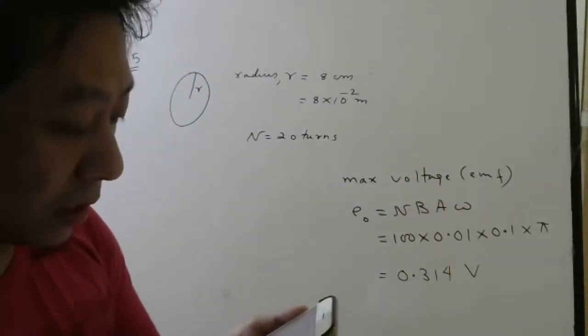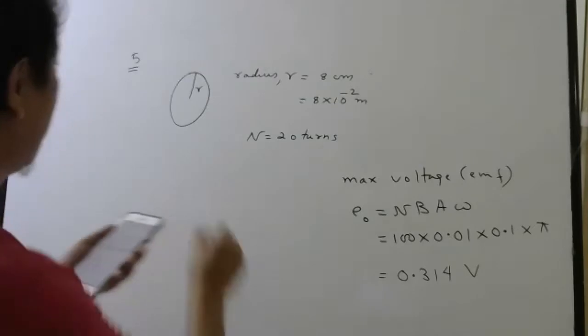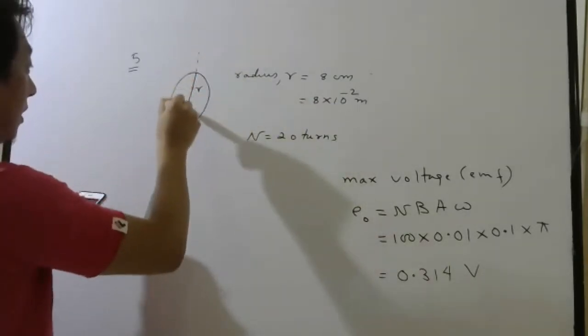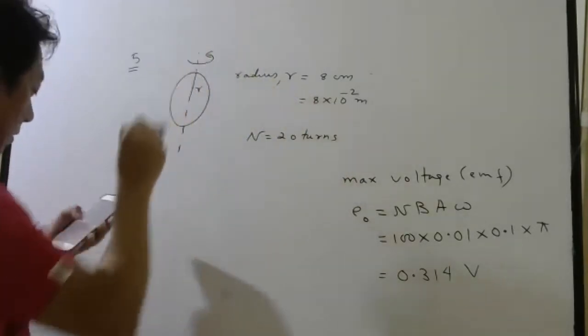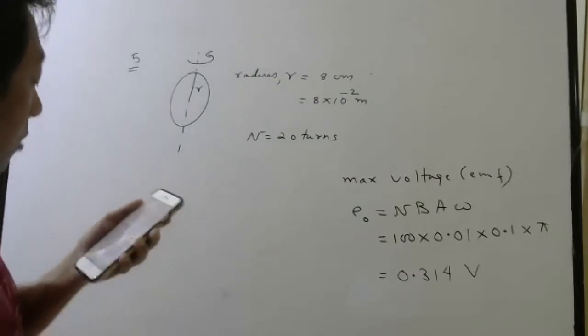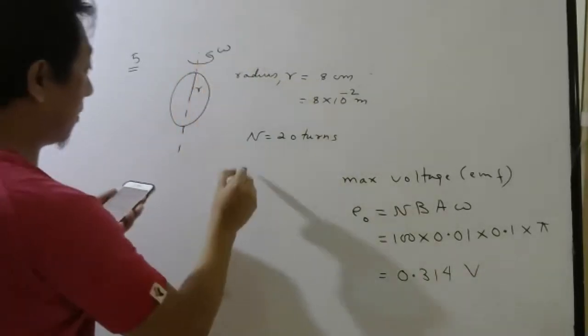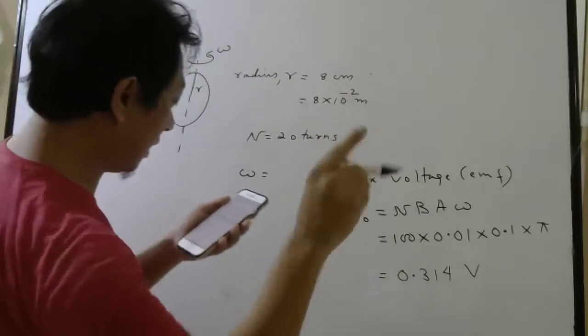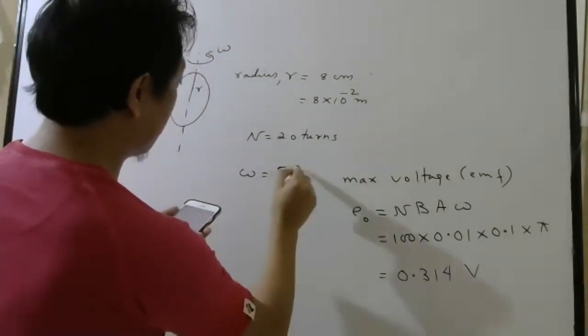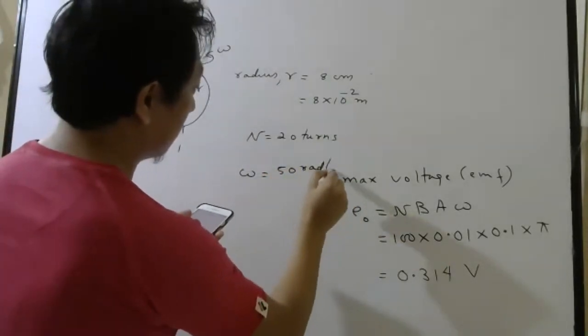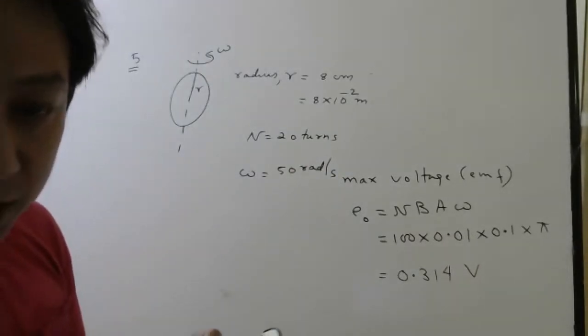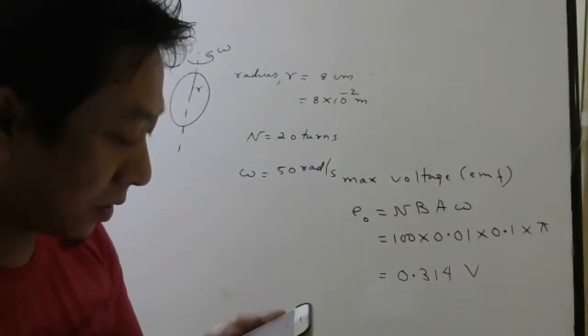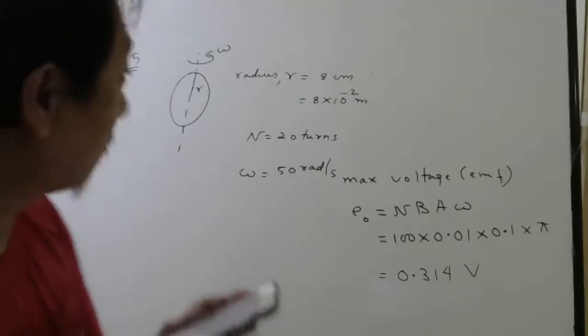Is rotated about its vertical diameter. Matlab this diameter, vertical diameter. With angular speed omega, which is given directly in SI units. So now no need to convert, it is already in SI units. In a horizontal uniform magnetic field.